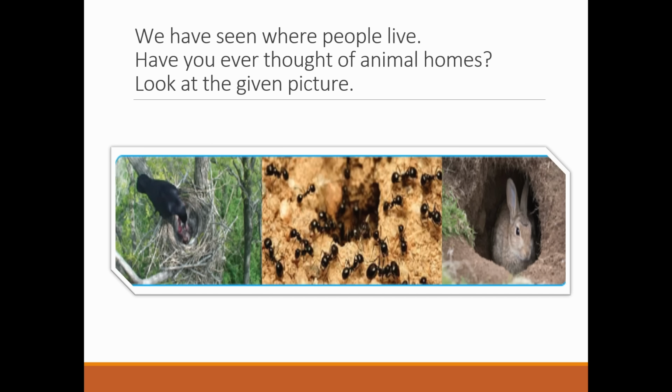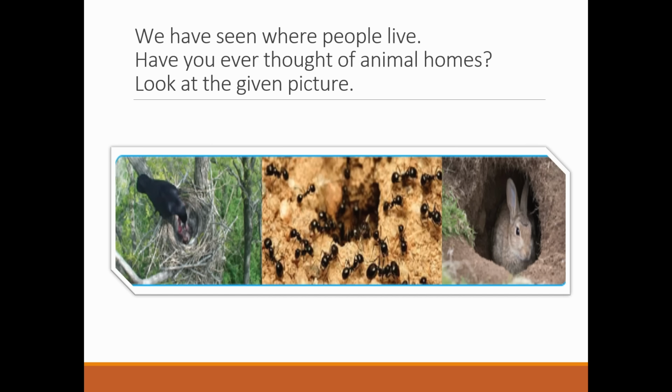Look at the given picture. Children, observe the picture carefully. At first, a crow sitting on a branch. What is it doing? In the next picture, some ants roaming around a hole. What do you think?